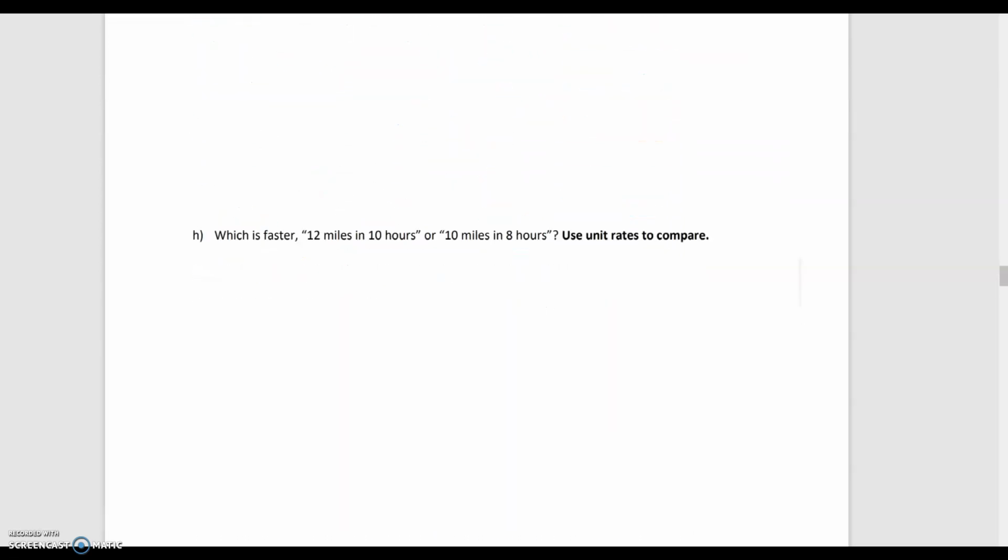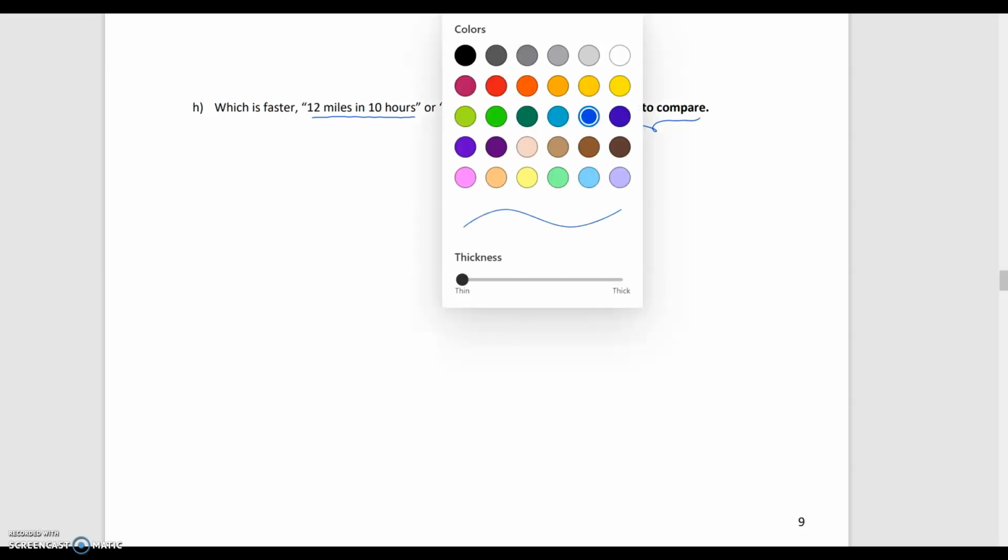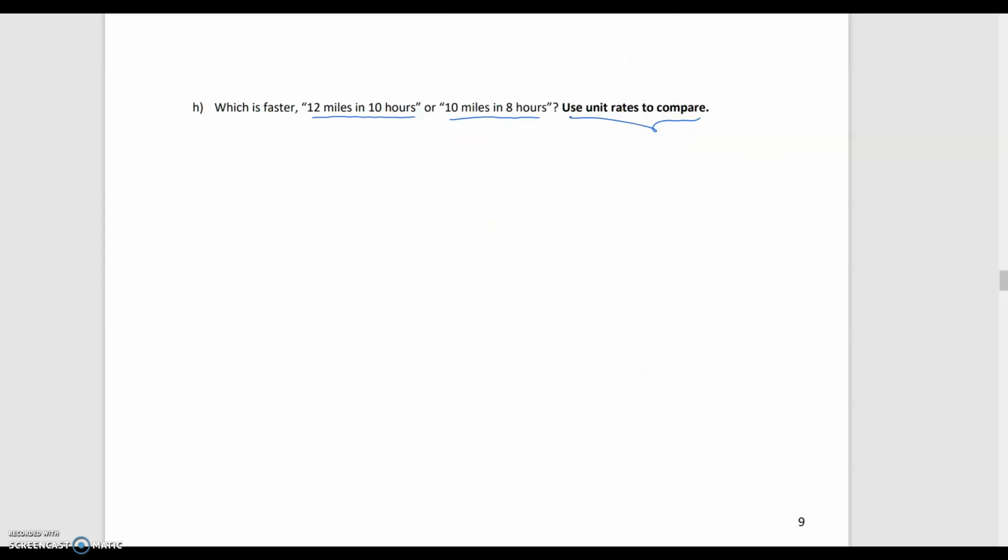Let's move on to H. Now, H, they're asking us to compare quantities. So we're comparing quantities and they're asking us to use the unit rate. Let me rewrite each of these as the unit rate. For the first one, we're looking at 12 miles in 10 hours.